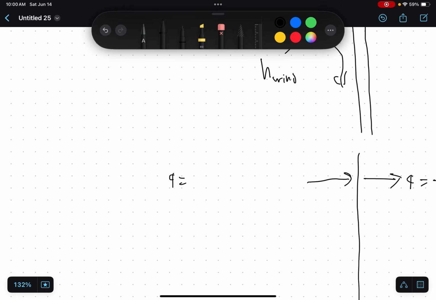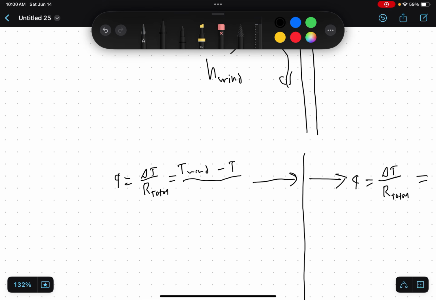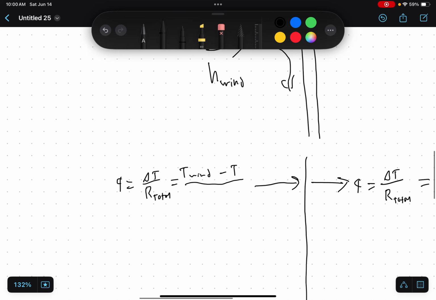Q equals delta T over R total, which equals T wind minus T over R total. For convection, R total is just R convection, which is 1 over HA.